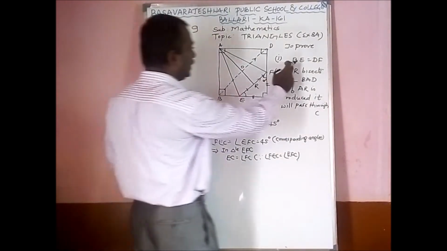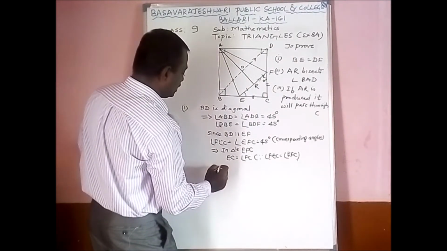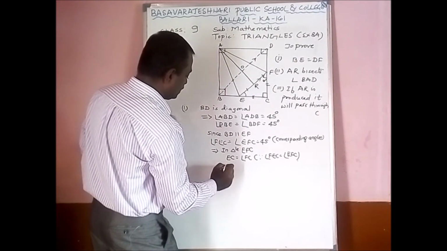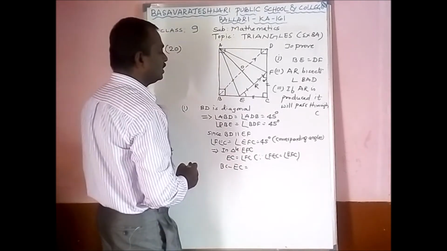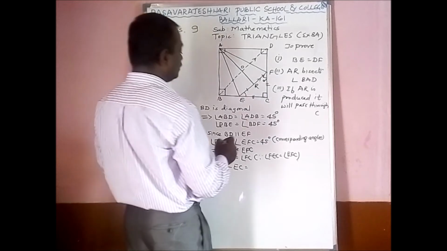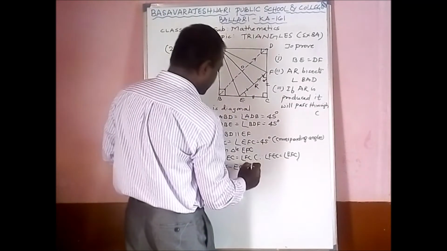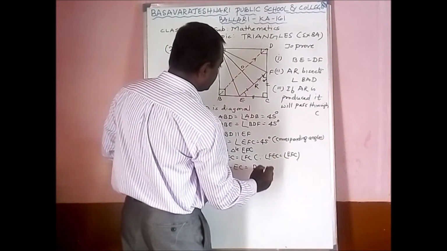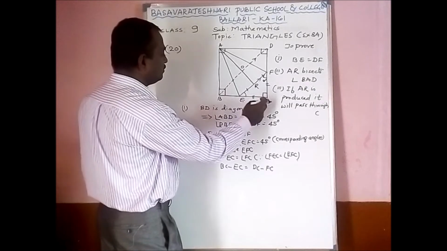Now what do you have to prove? BE is equal to DF. You have to prove that BE and DF are equal. So BC minus EC is equal to DC minus FC. What is BC minus EC?